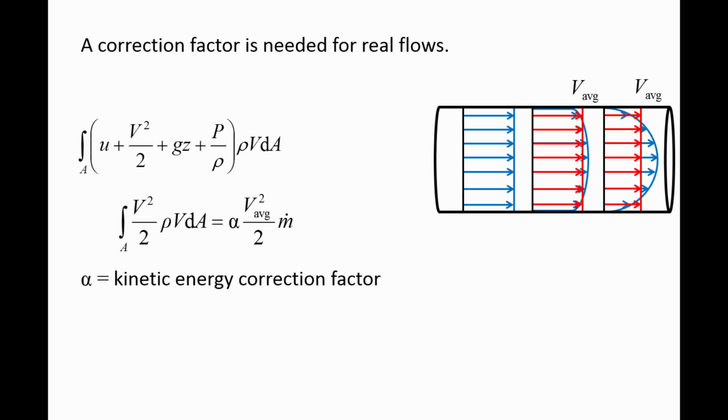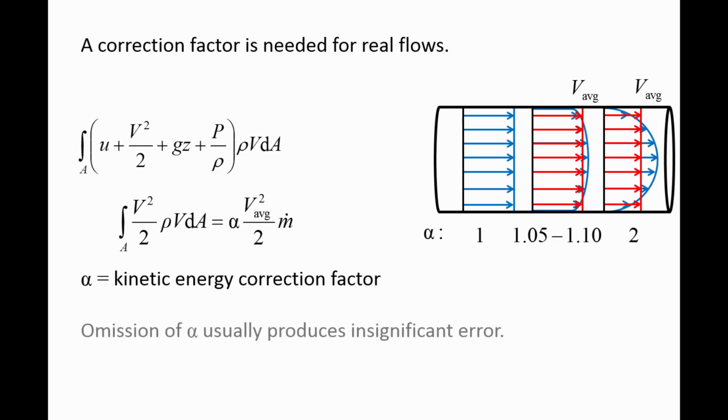Alpha is a measure for how much the energy flux for the actual flow deviates from the energy flux calculated using the uniform flow approximation. For the parabolic laminar flow on the right, the value of alpha is 2. For the flatter turbulent flow in the middle, the value of alpha is typically between 1.05 and 1.1. For the uniform flow on the left, alpha is exactly 1.